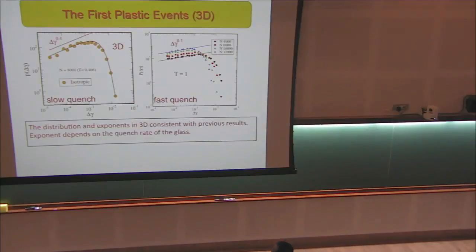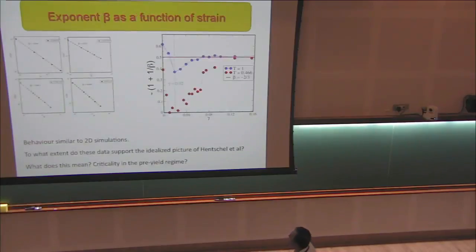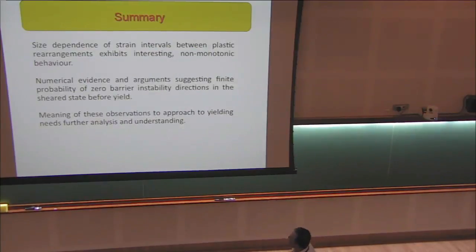But quickly, I show you data coming from 3-dimensional systems, which basically are consistent with what we see in 2D. And again, this exponent beta and correspondingly this combination shows non-monotonic behavior. It shows system size dependence, and so basically that's where we are. The size dependence of mean strain intervals between plastic rearrangements exhibits interesting non-monotonic behavior.